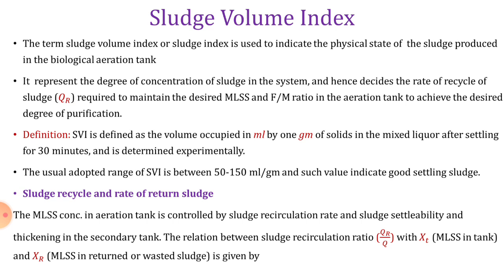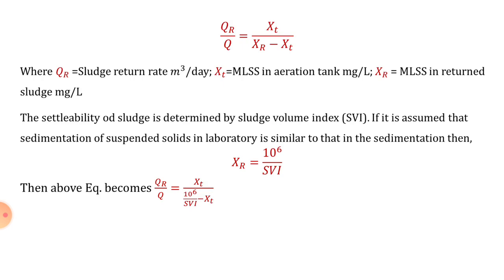The relation between the sludge recirculation ratio QR divided by Q with XT, that is MLSS in tank, and XR, that is MLSS in return or wastage sludge, is given by the formula QR divided by Q is equal to XT divided by (XR minus XT), where QR is the sludge return rate in meter cube per day, XT is MLSS in the aeration tank in mg per liter, and XR is the MLSS in return sludge in mg per liter.